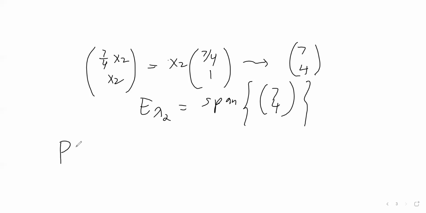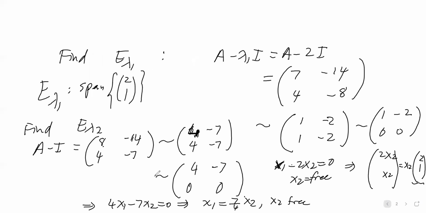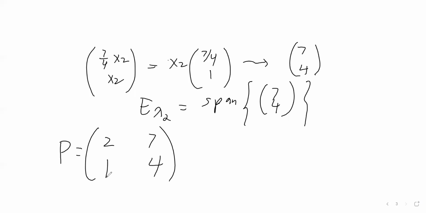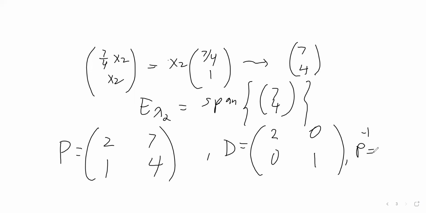So then the matrix P is going to be, this is going to be the second eigenvector, and the first eigenvector was (2, 1). And then the matrix D is a diagonal matrix that has the lambdas on the main diagonal and zeros here. And P inverse, we can just compute by 1 over the determinant of P, and then we swap these two entries and change the signs of the others, negative 7, negative 1.